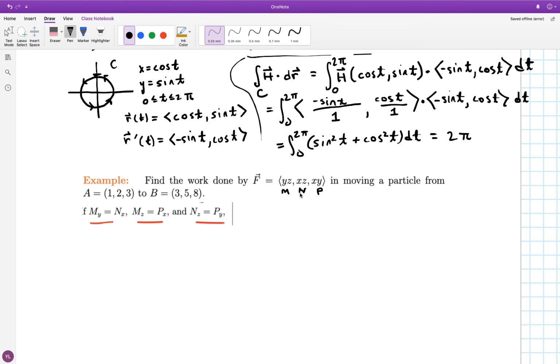So let's go ahead and take the partial of m with respect to y and observe that that's exactly the same thing as the partial derivative of the n function with respect to x. Okay, so that one's checked. Let's take the partial derivative of the m function with respect to z now. We get y.